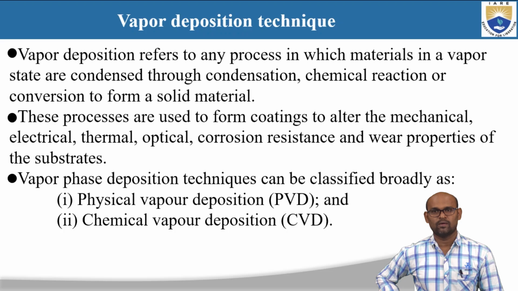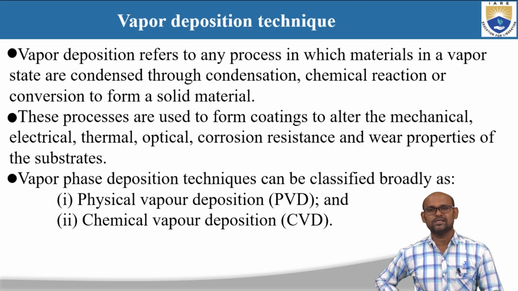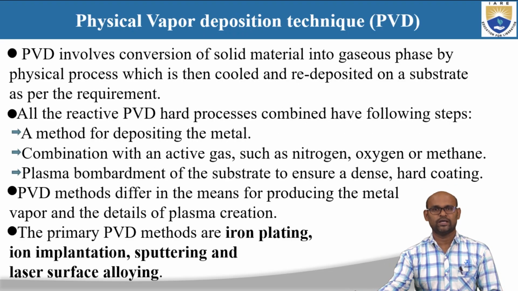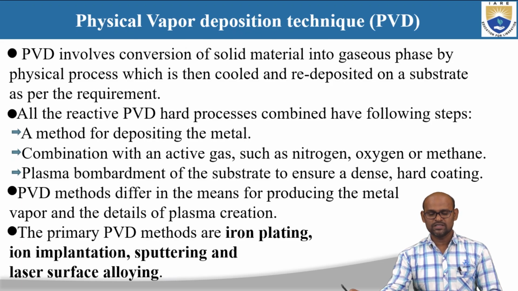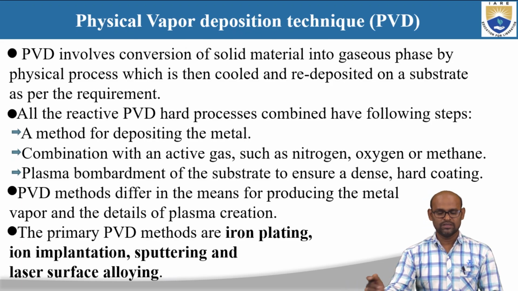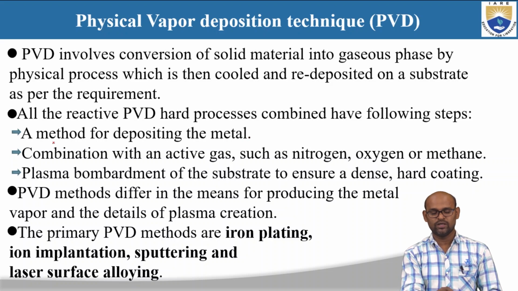Basically there are two different types of vapor deposition techniques: chemical and physical vapor deposition. In the physical vapor deposition technique, there are different steps. First, we need to prepare a method for depositing the metal. Then comes combination with an active gas.